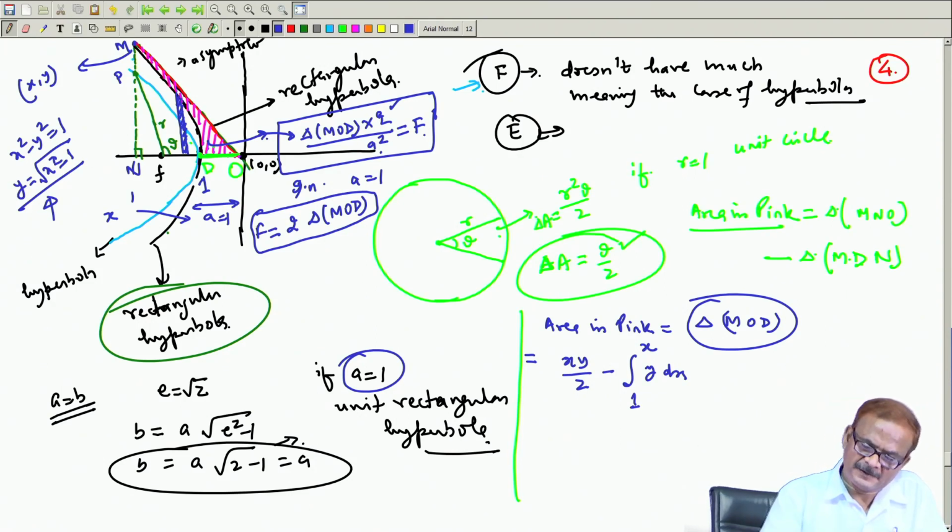So, F is defined as twice the area which is shown here in pink.